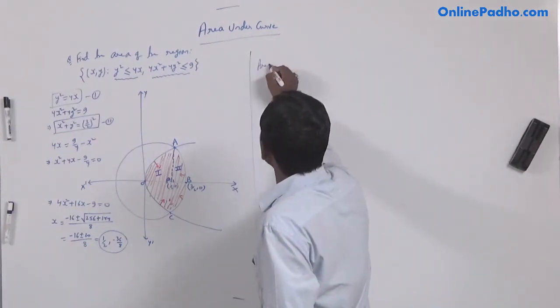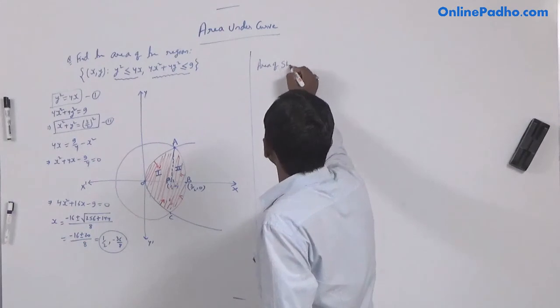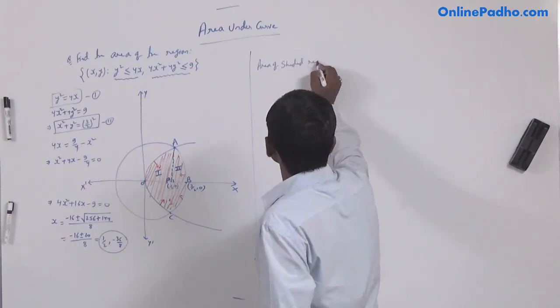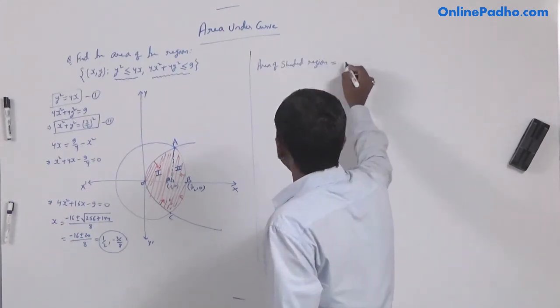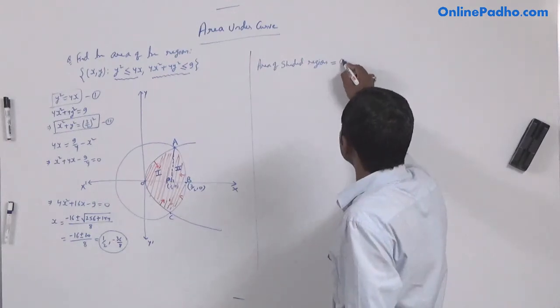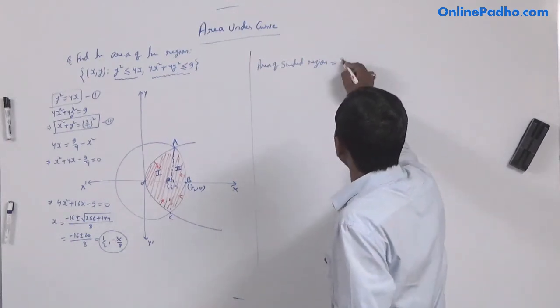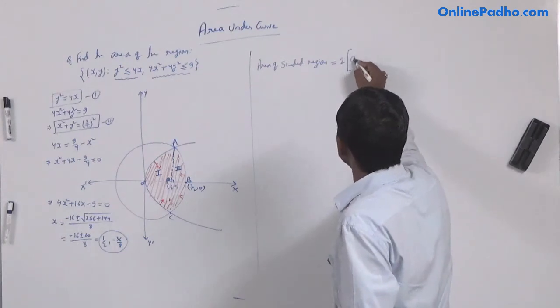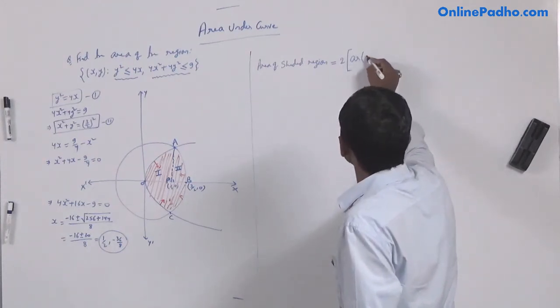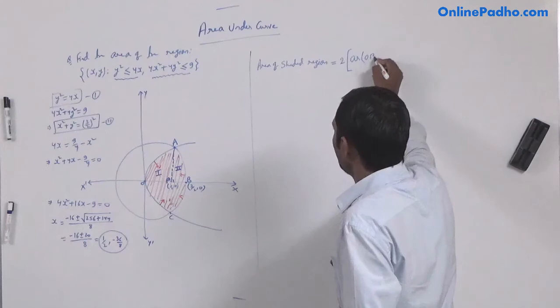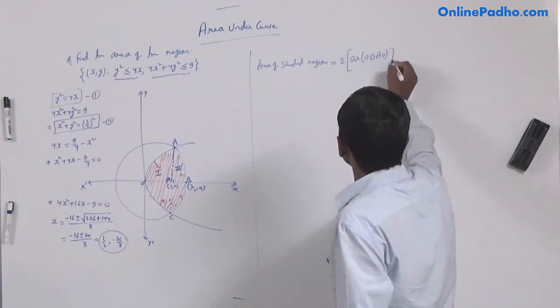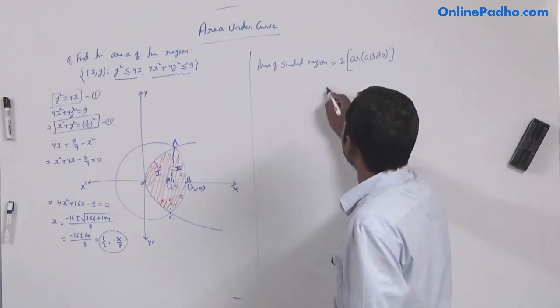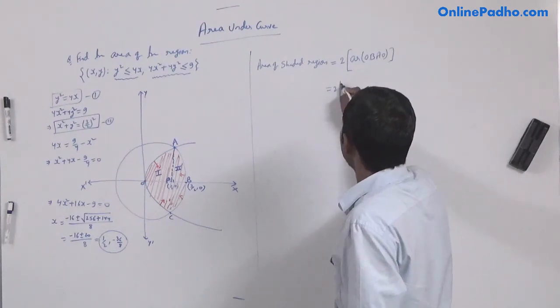So the area of the shaded region can be written as 2 multiplied by the area of the upper part, the area above the x-axis, OBAO. Now how to find the area of OBAO?